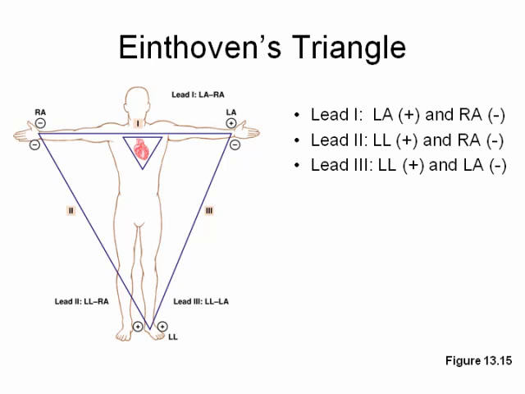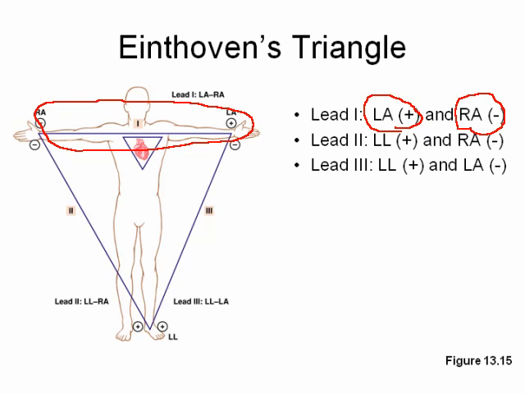But you need to realize that lead 1, for example, which is this one, always is comparing the left arm with a positive electrode to the right arm with a negative electrode. So the EKG technician has to put the appropriate electrode on the appropriate placement, or the EKG recording is not going to be valid.